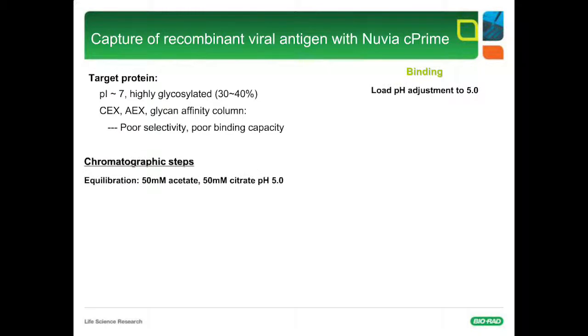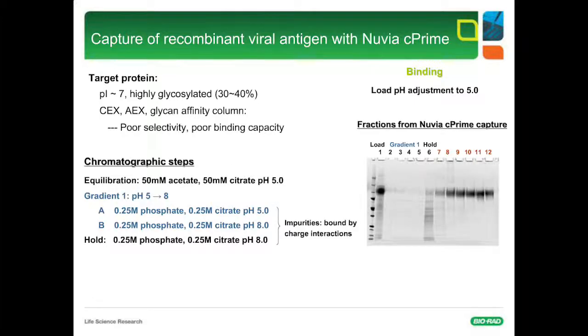And then we try to wash out the impurities. As you can see here, we use a gradient from pH 5 to 8 to wash out impurities, keeping the salt concentration at a relatively high level, 250 millimolar of phosphate and then 250 millimolar of citrate.